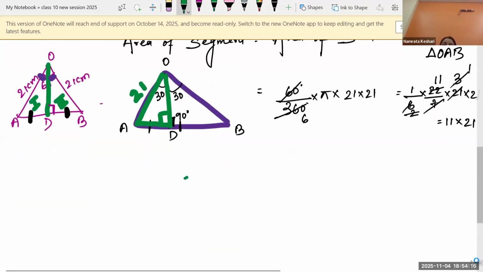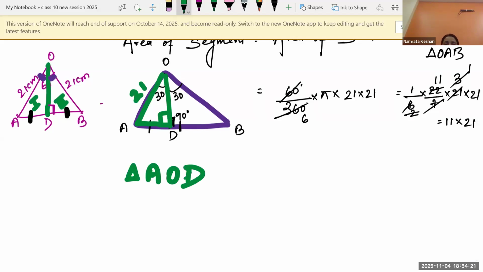So in triangle AOD, we are going to use trigonometric ratio. 90 over here, 30 degree over here, 21 over here. Now the data we have in hand is OA and we are trying to find AD.